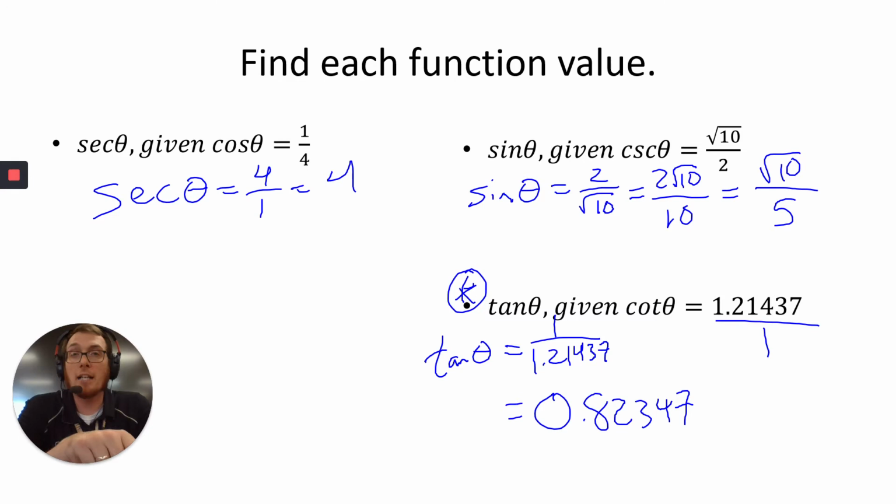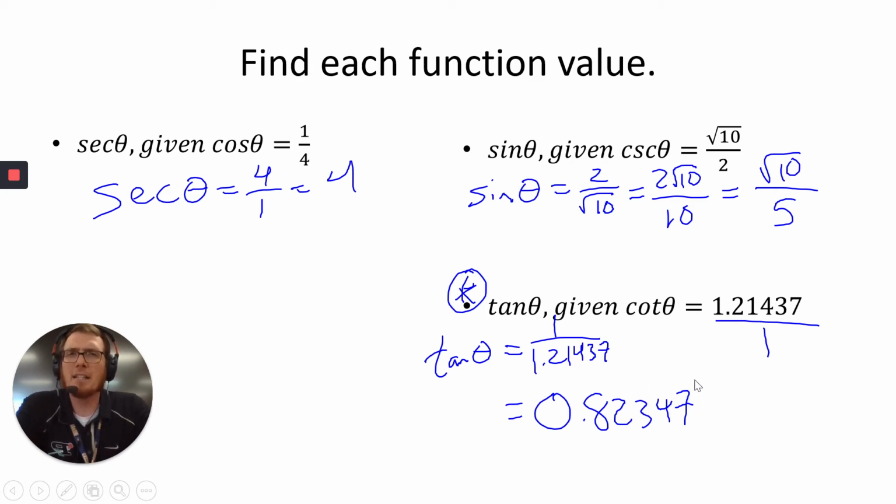I starred the last one because it's important to make sure you understand if you get something as a decimal to not panic. The last one says given cotangent of theta is 1.2 and so on, all of this decimal. If that happens, what you should do is just put it over 1. And then it's the same as all the rest of the problems. If you put that number over 1, then its reciprocal is just 1 over that, and then you can find that decimal.